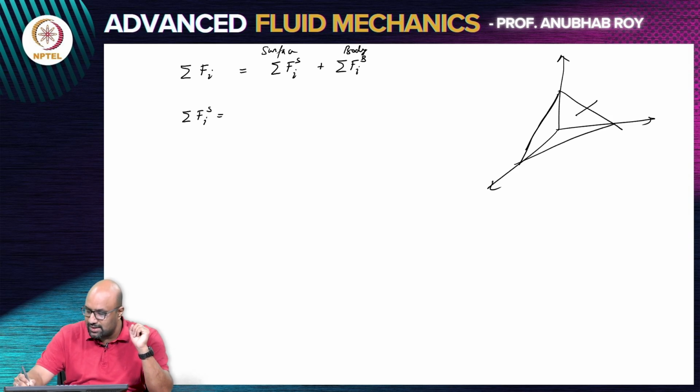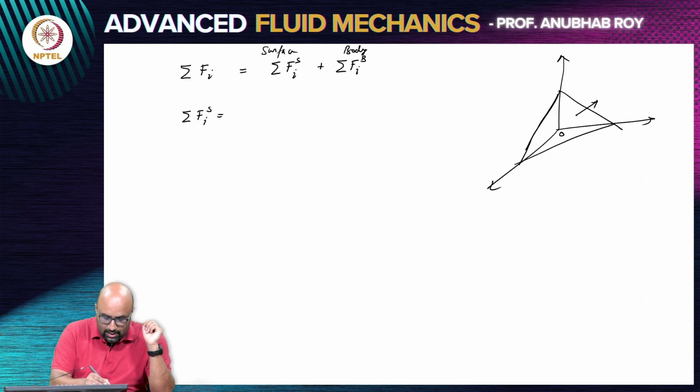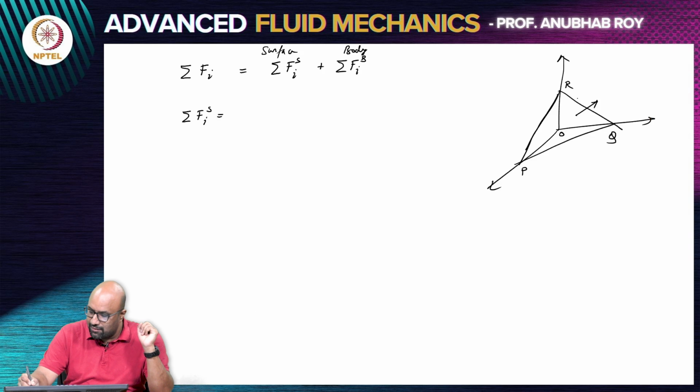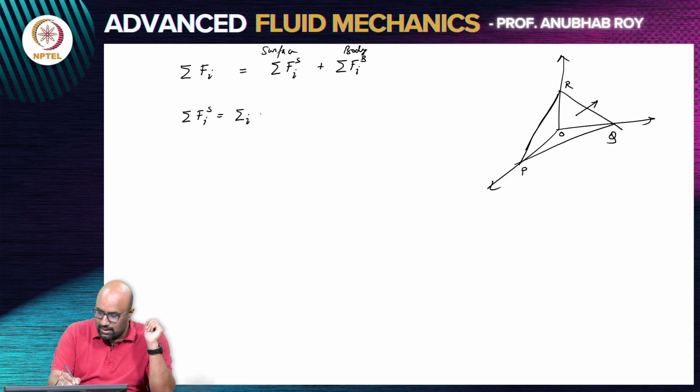I have a force acting on the face PQR, which is sigma n on this particular face, multiplied by the area A naught. The force acting on that face is sigma n A naught.